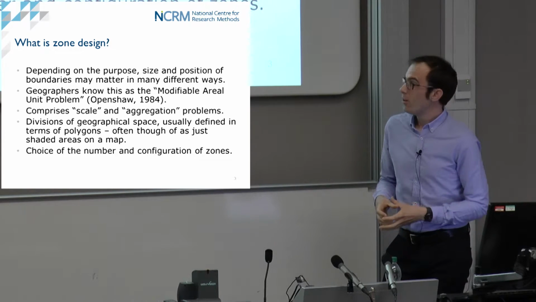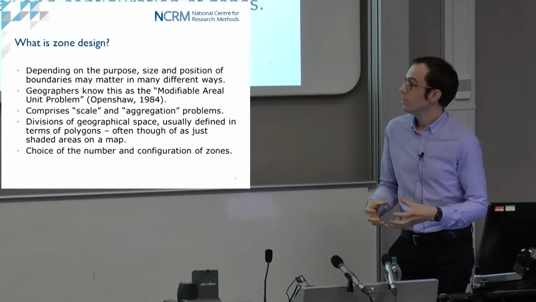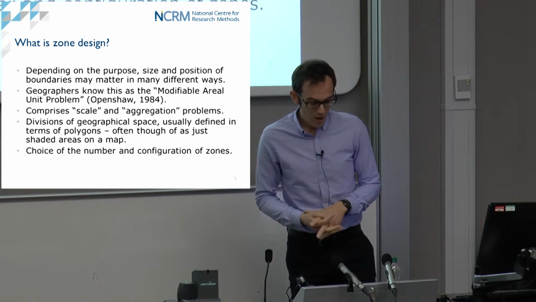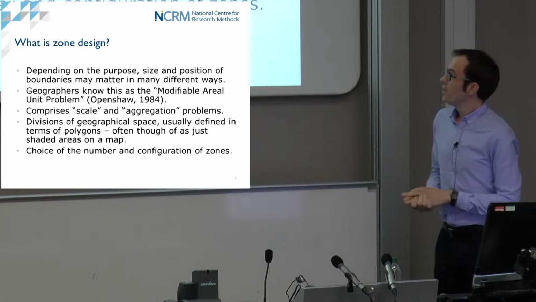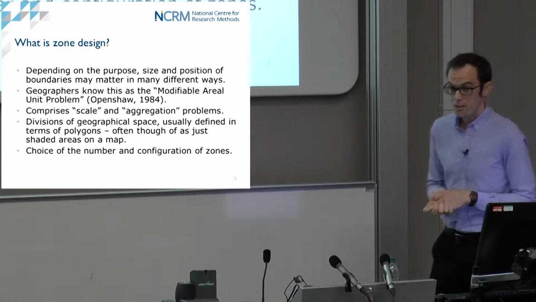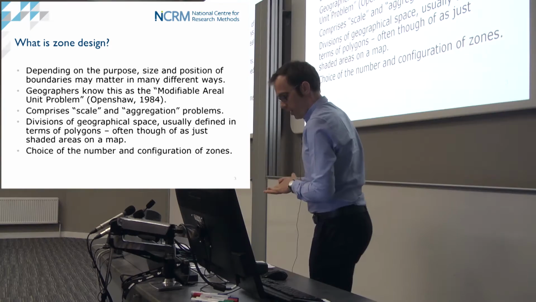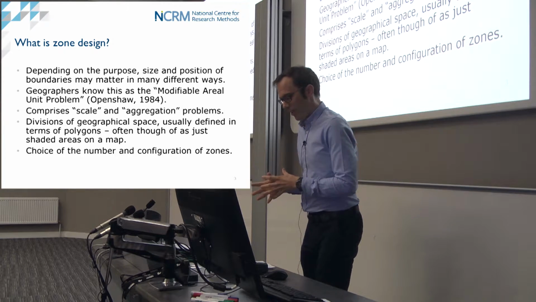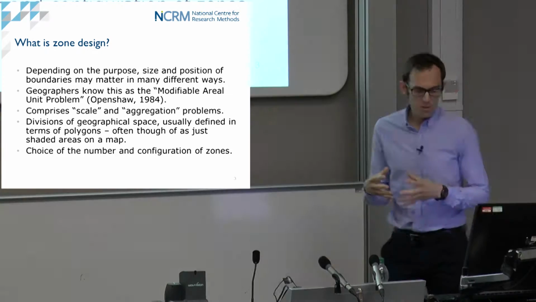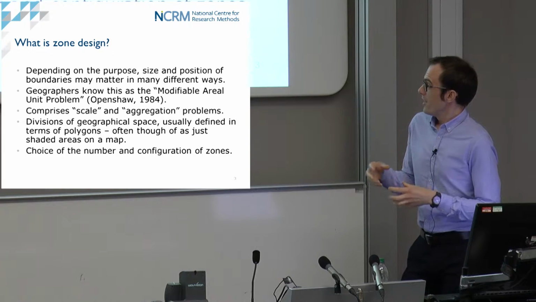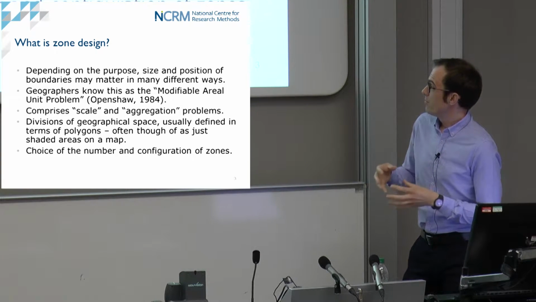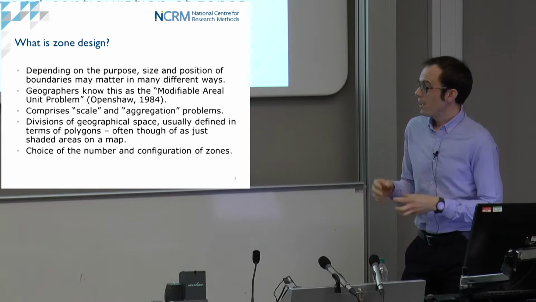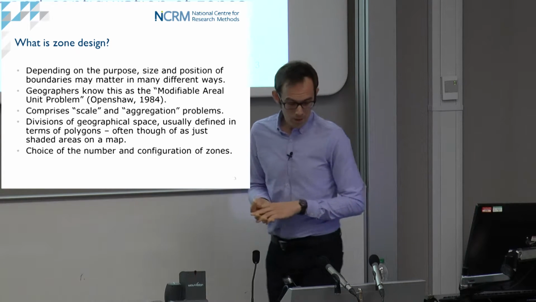And depending on the actual units which are used, we can actually get different results. So geographers know this as the modifiable areal unit problem. And in terms of the results and this specific issue, there are kind of two elements to that. There's a sort of scale and an aggregation problem.